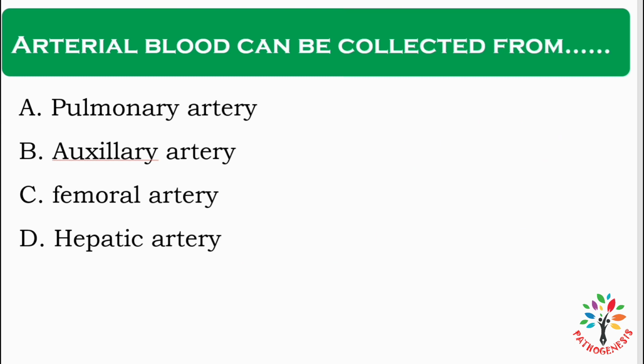Arterial blood can be collected from, your options are: pulmonary artery. The pulmonary artery is connected between the heart and the lung, so it is not applicable. Axillary artery, you cannot collect blood from the axillary artery.